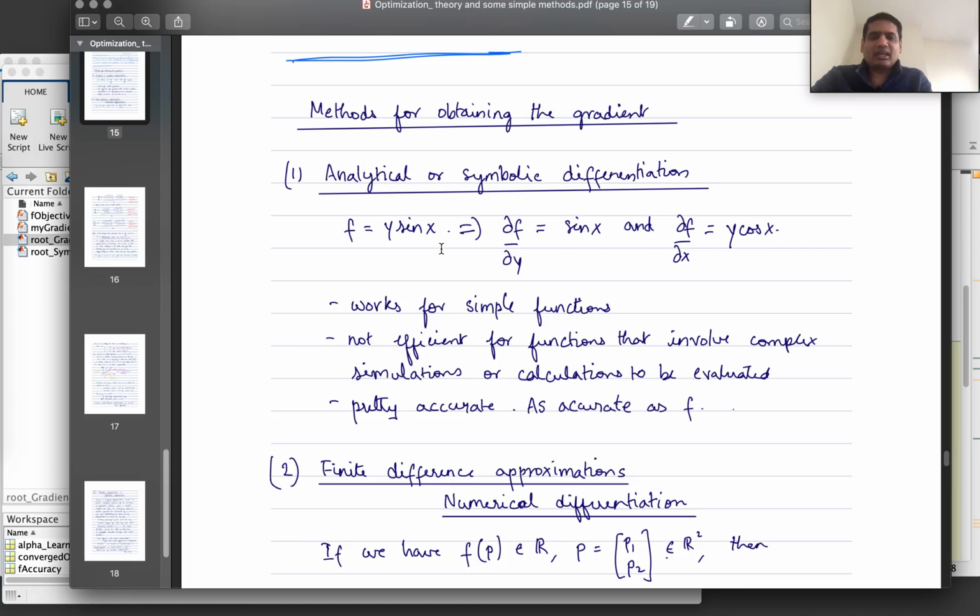differentiate or find the gradient is to just do it analytically, symbolic differentiation or analytical differentiation. We can get these partial derivatives pretty straightforward. This works for simple functions. It may not be very efficient for functions that involve very complex simulations or calculations to be evaluated. It's pretty accurate, right? Because it's analytical, it's pretty accurate.